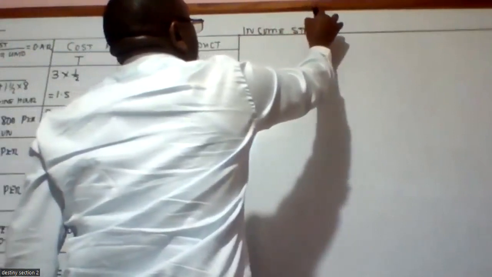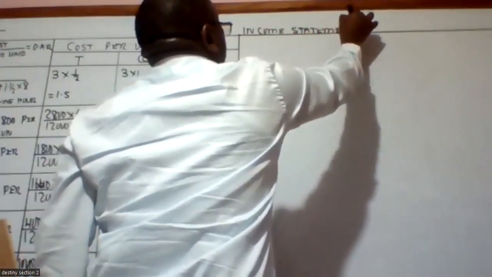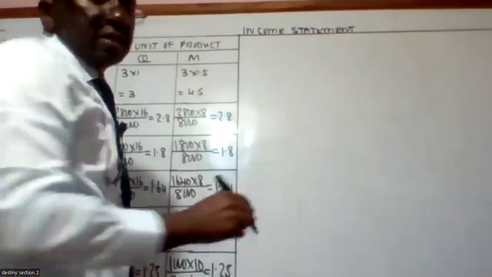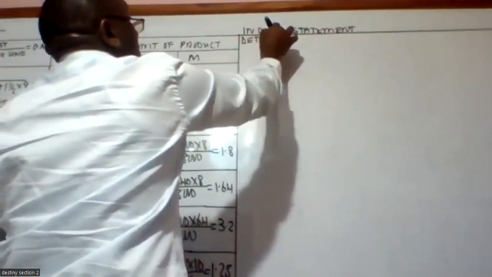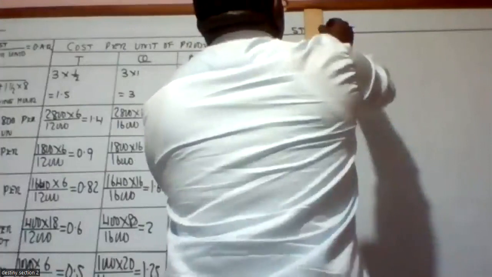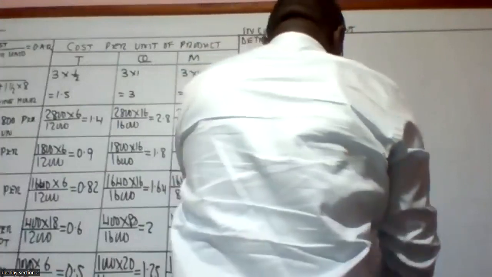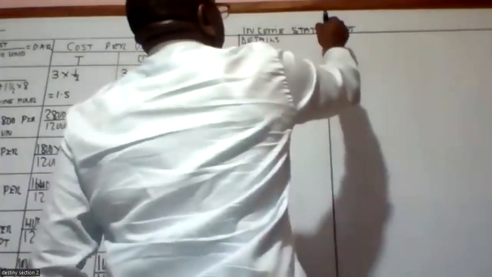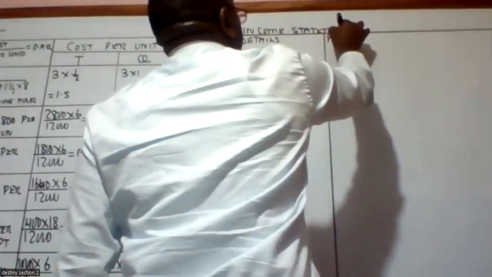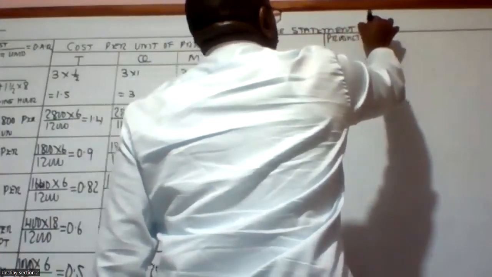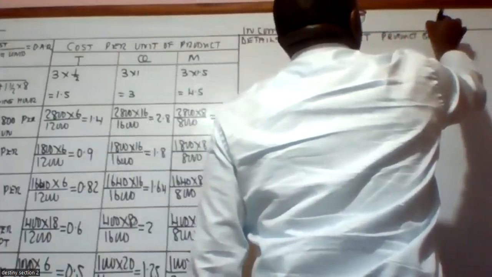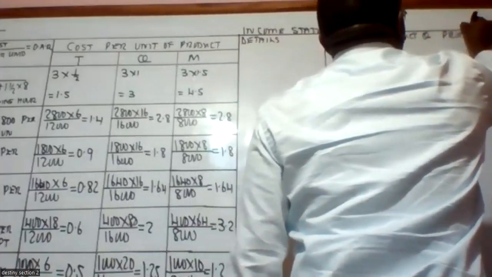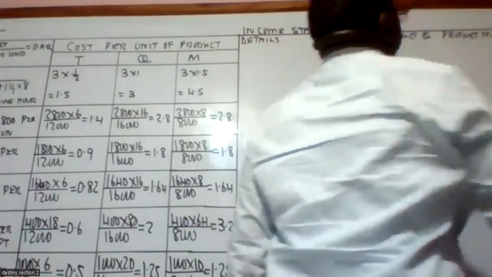In the income statement, we will have a column for the details, a column for product T, a column for product Q, and a column for product M.